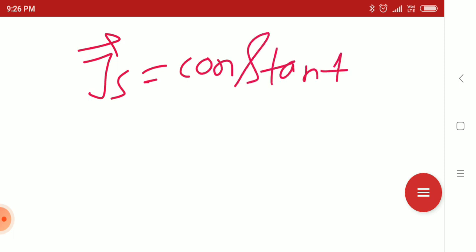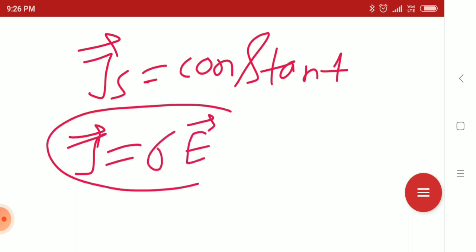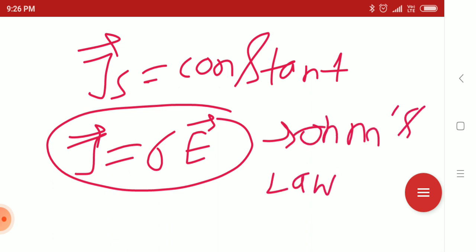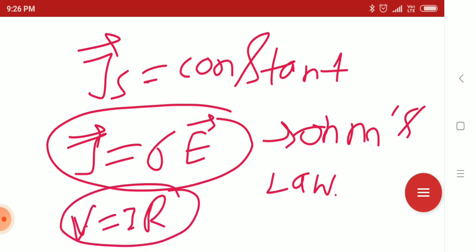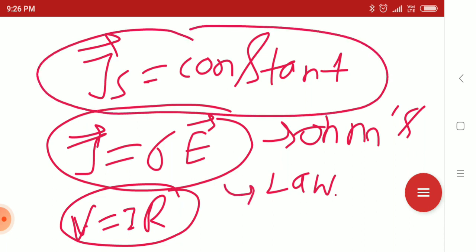What does it mean? We have all studied that in the case of a normal electron, J equals sigma times E vector. That is Ohm's law for the normal electron, not V equals IR, but J equals sigma E, which is also Ohm's law. But in the case of the super electron, we are saying that Ohm's law is not valid in superconductivity. It doesn't exist; it's not valid.